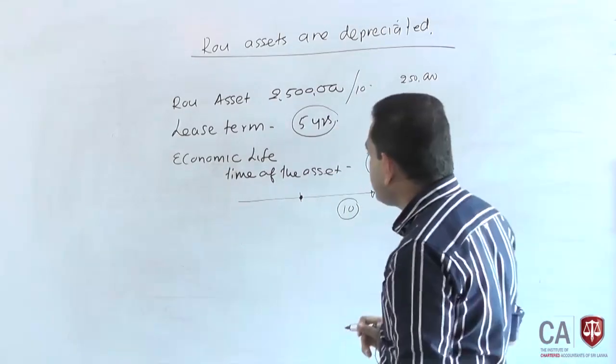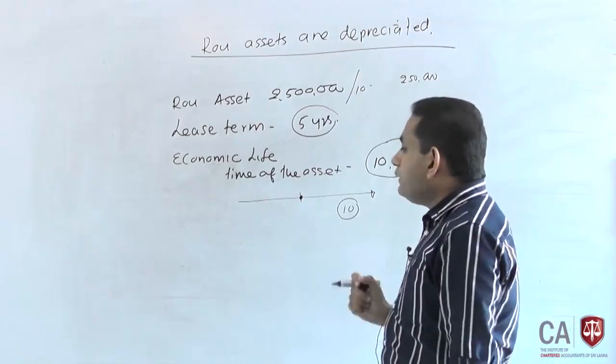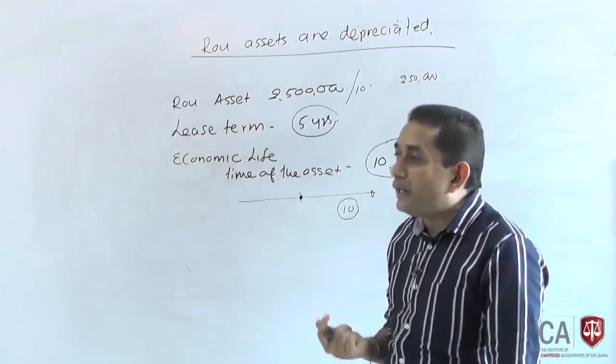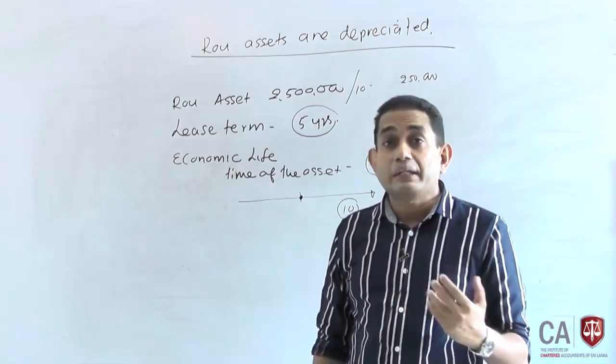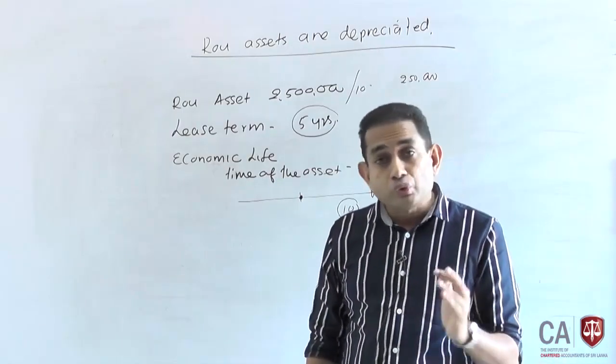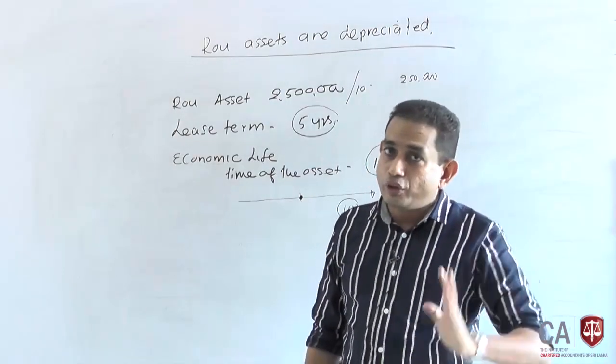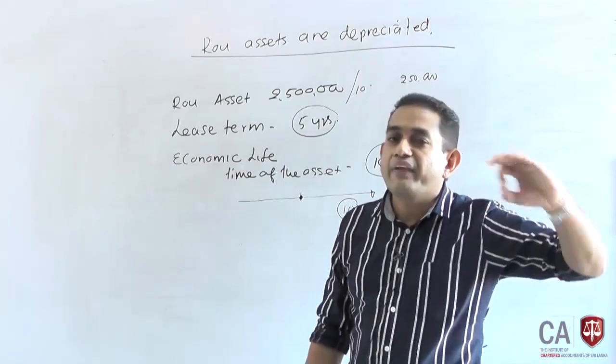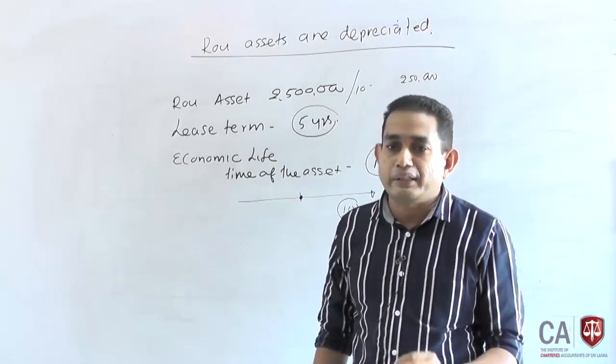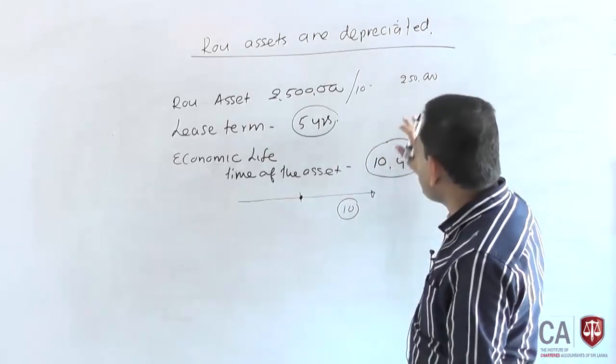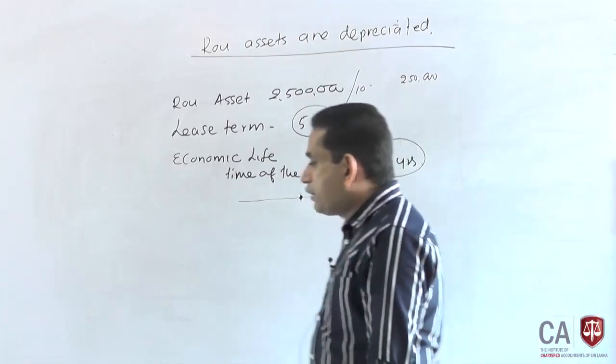So, once again the same principle applies. Even after the expiry of the lease term, the lessee continues to use the asset. So, you should depreciate the asset not over the lease term of 5 years, but over a stretch of 10 years. Then annual depreciation should be 250,000.